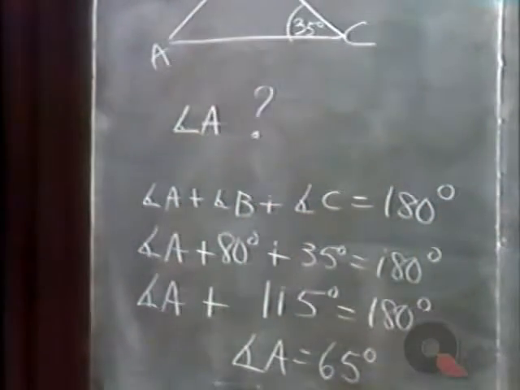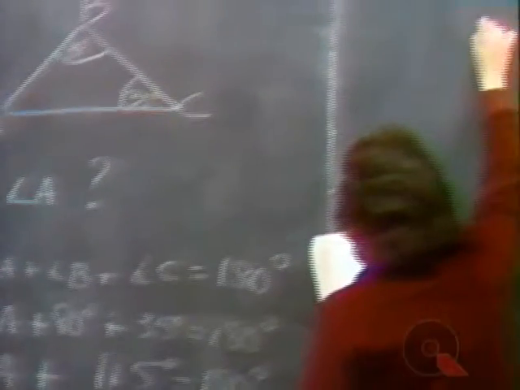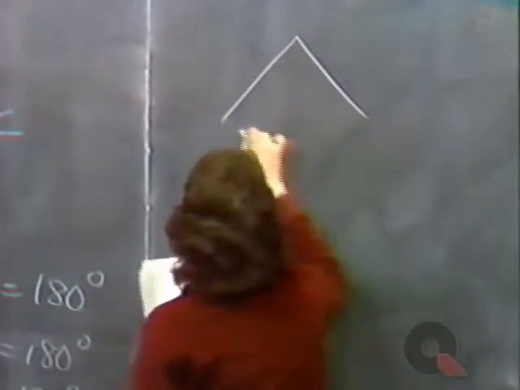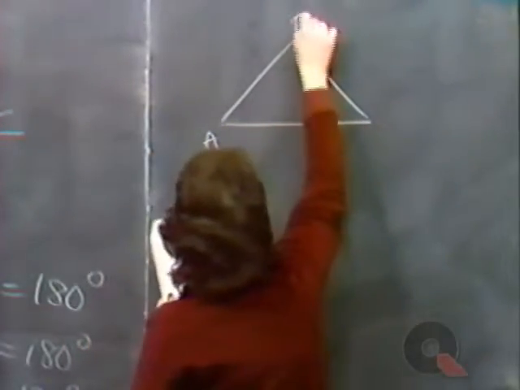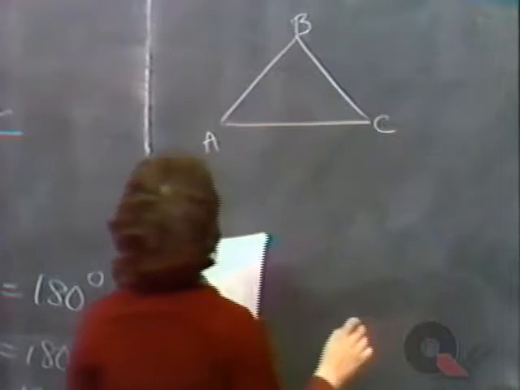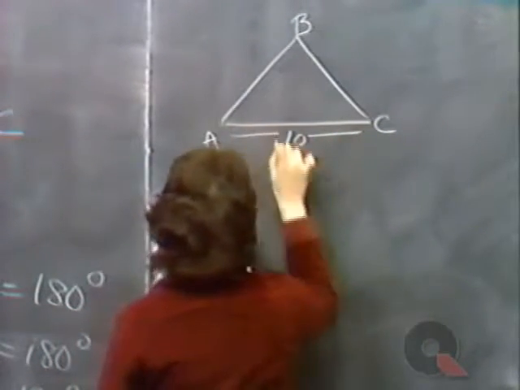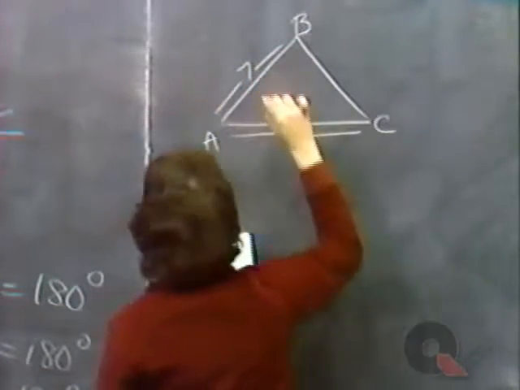Okay, let's consider another example. Triangle ABC. This side, AC, has length 10. AB has length 7.